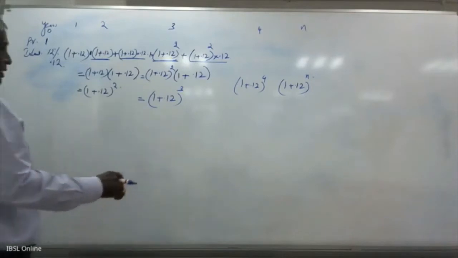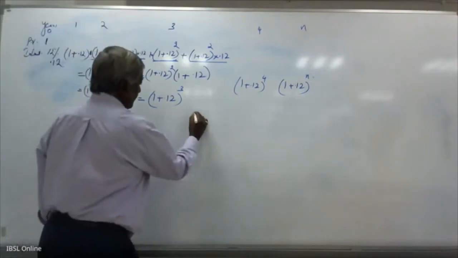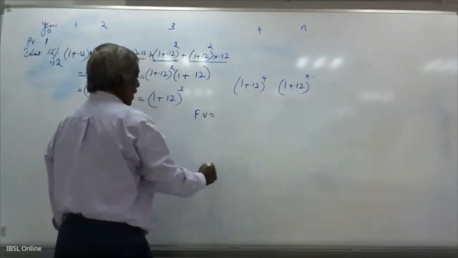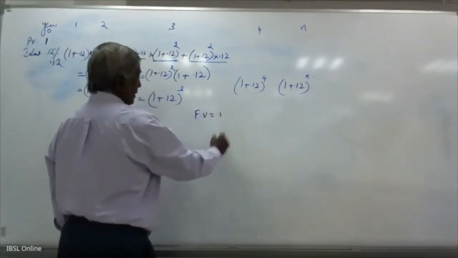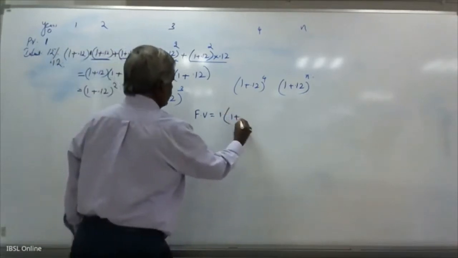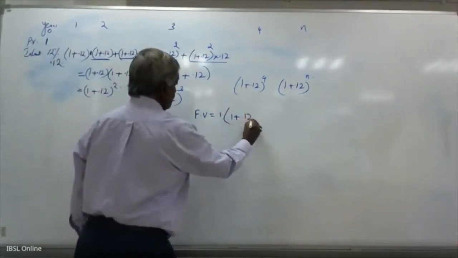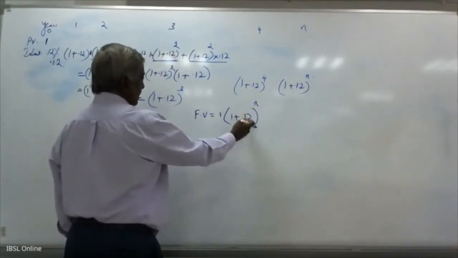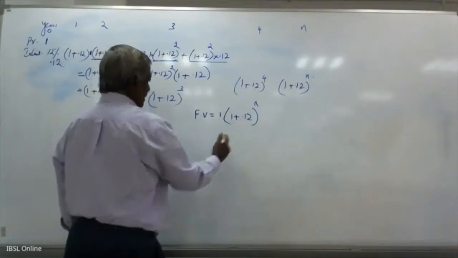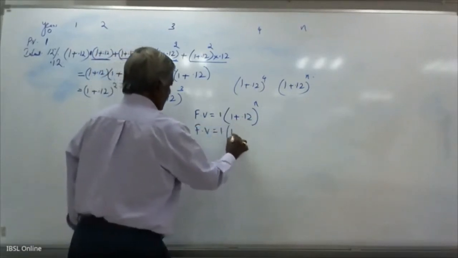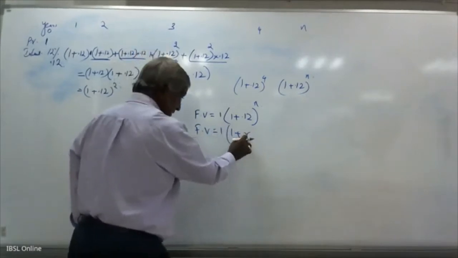So we can put a formula: future value of present 1 rupee is 1 plus 0.12 to the power n. If instead of interest rate you use R, then F is equal to 1 into 1 plus R to the power n.